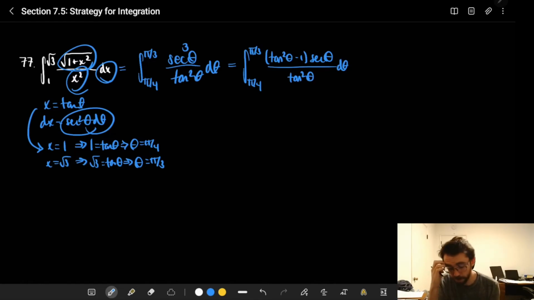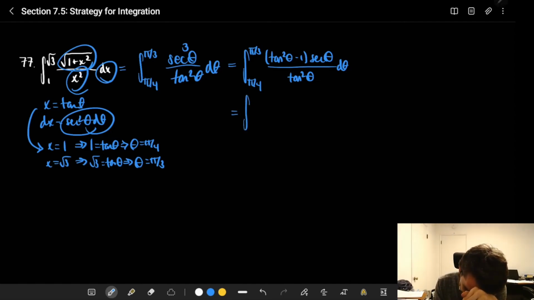Then maybe split the integral in two. You get single secant, which we can handle. And you get secant over tangent squared, which you can probably handle. Yeah, so splitting this apart and simplifying, tan squared times secant divided by tan squared is just secant.